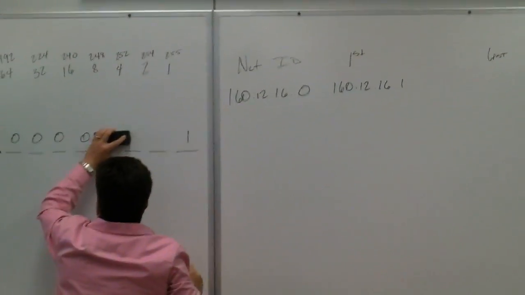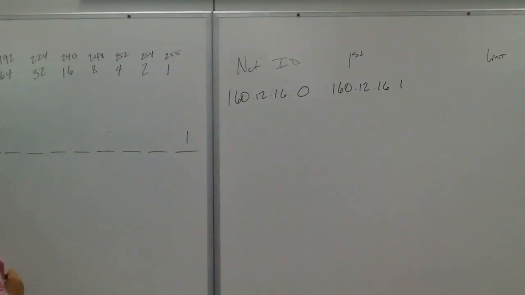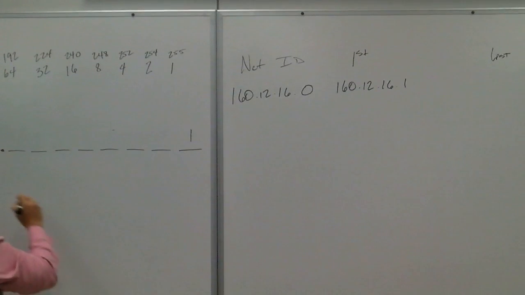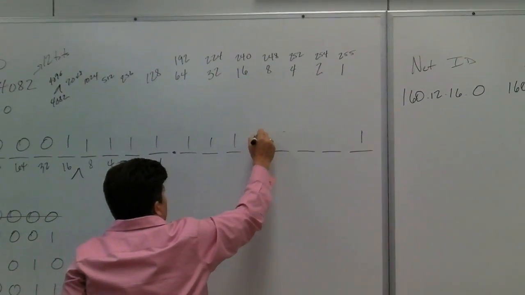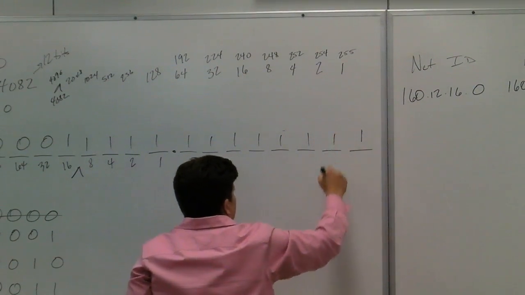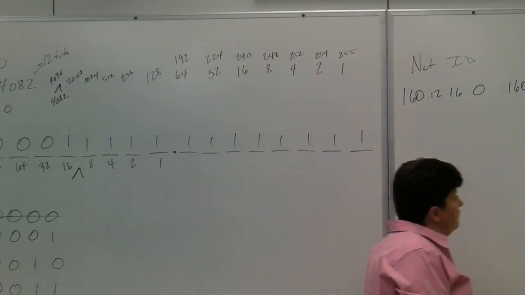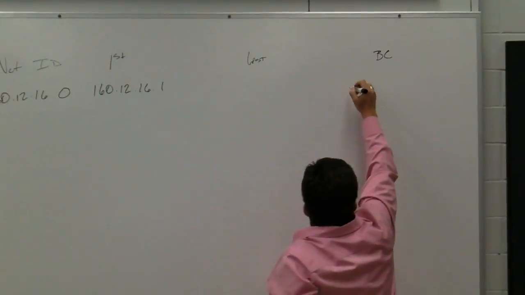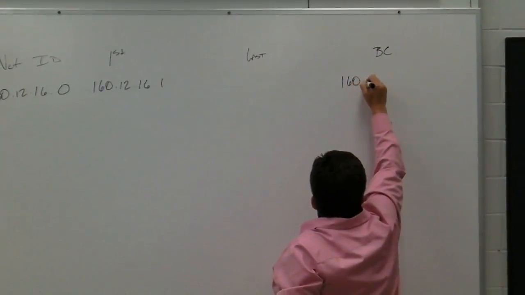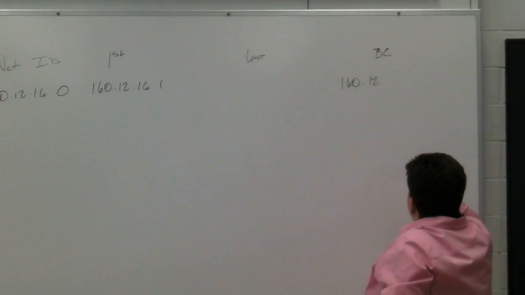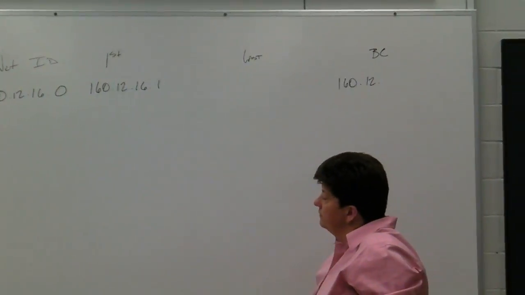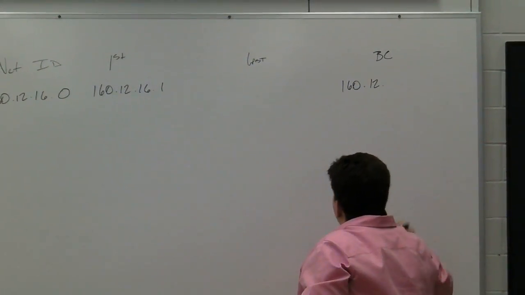Now let's change everything to a 1 on the host portion, remember. Now what value do I have up there? What is it though? 31, I've got 12 at 31 dot.